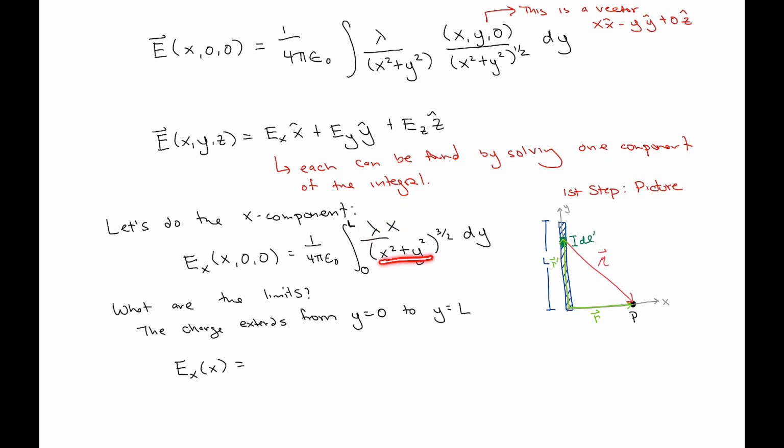I can't pull out anything here because this is an expression that does depend on y. So if I want to simplify this, I can, like that. And then I'm left with 1 over x squared plus y squared to the 3/2 dy.